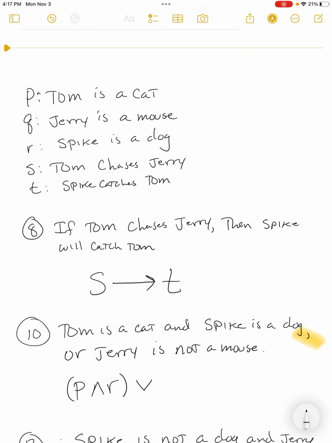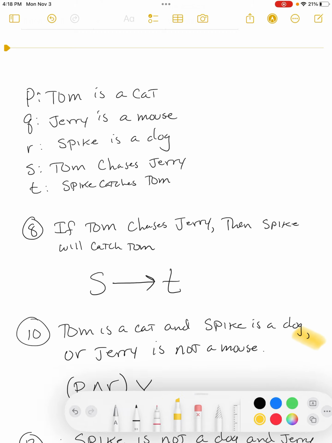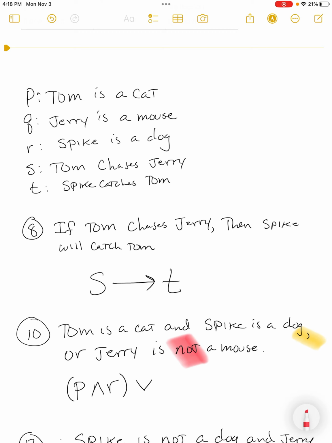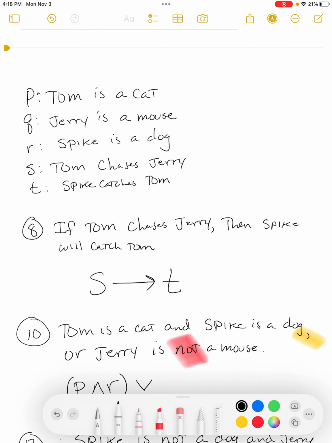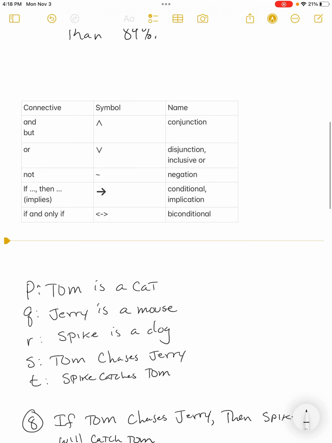Jerry is not a mouse. So if I go back and look at Q, Q says Jerry is a mouse. But this specifically says, actually let me do it in red, not a mouse. So because of that, I have to have a negation going on, right?